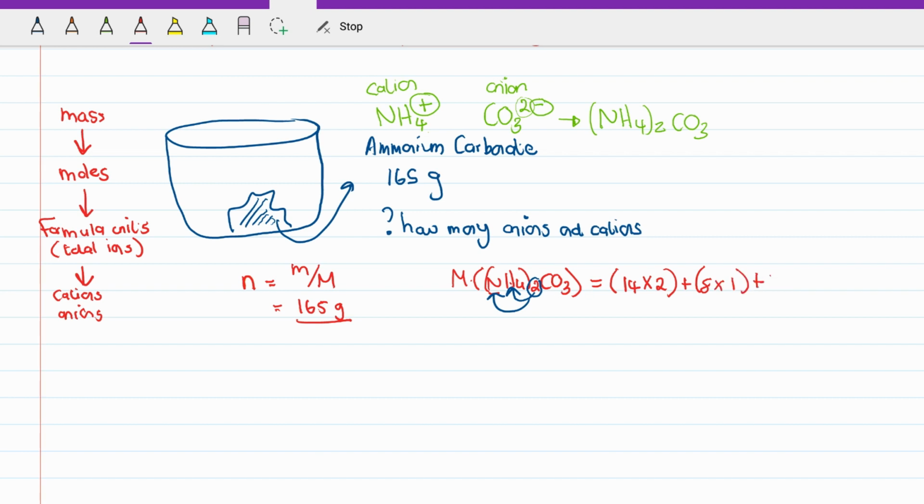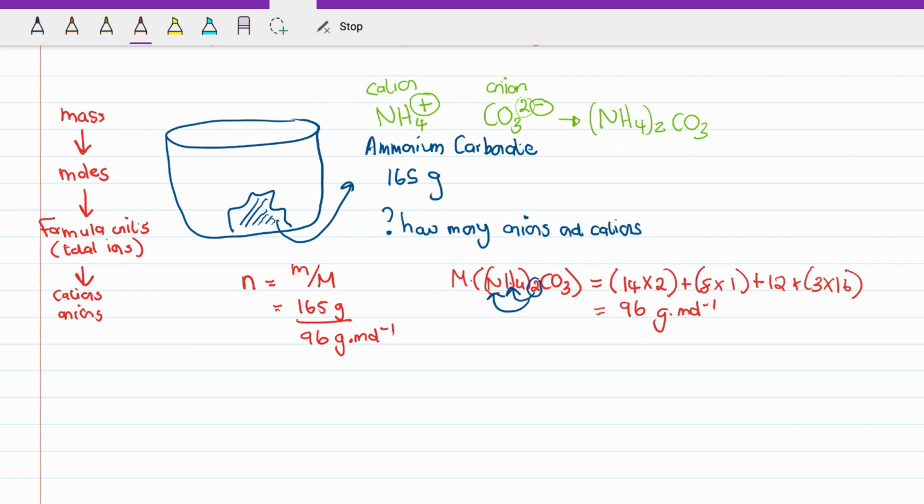Plus I've got 1 carbon which has a mass of 12, and I've got 3 oxygens that have a mass of 16. If I add this up, my total is 96 grams per mole.